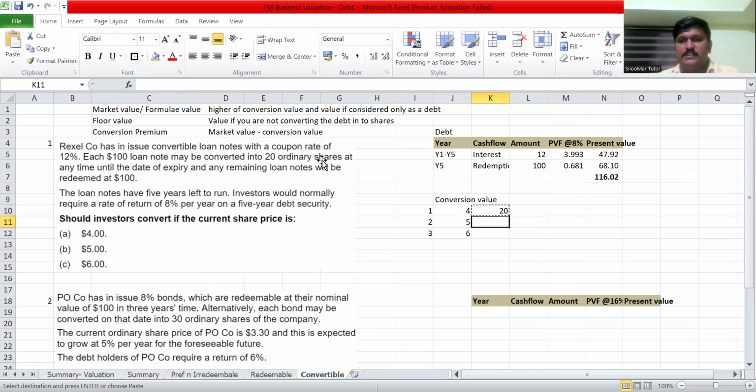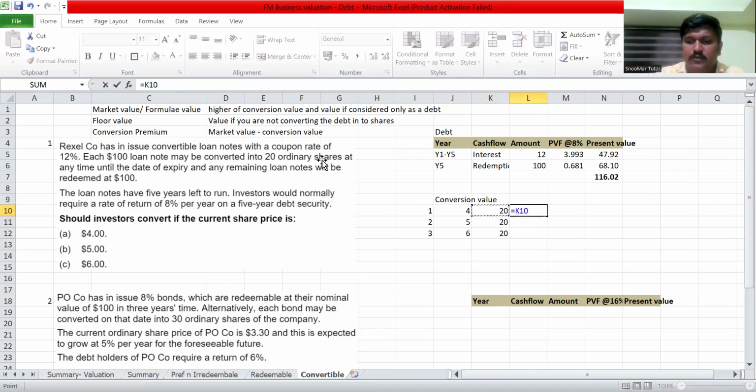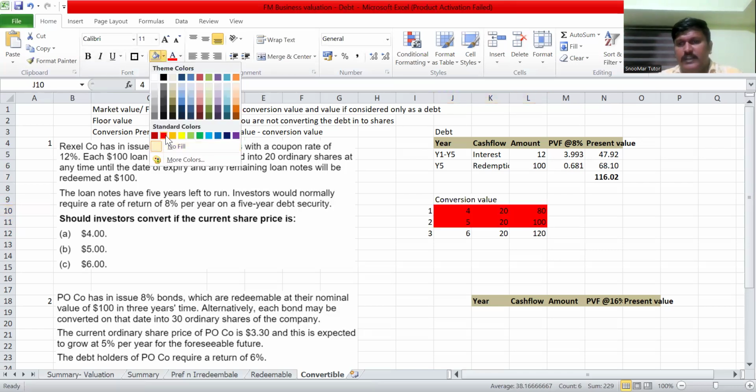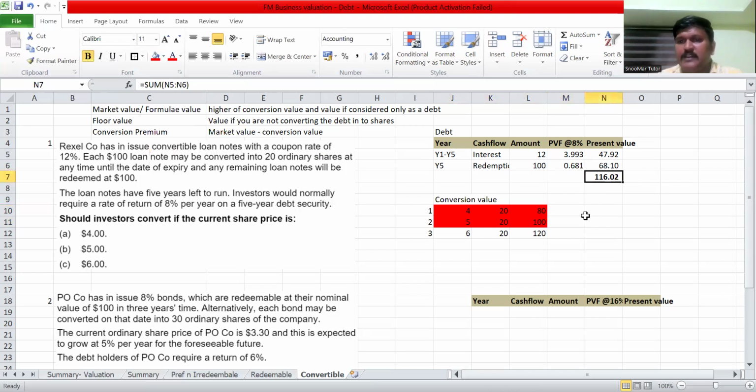So let's consider what the value would be. 20 multiplied by the share price: 80, 100 and 120. In the two situations where the share price is 4 or 5, we are getting a value of 80 and 100, which is less than the current market value of 116 if it is not converted and kept as debt, so the conversion value is not that much.